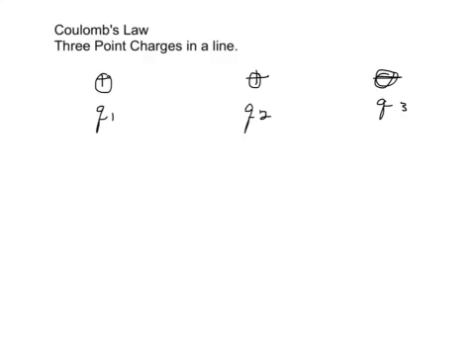So now each point charge has a force on it due to 2 other point charges. So if we're going to look at the force on Q1, there would actually be 2 forces acting on it. There would be a repulsive force from Q2. I'll draw a vector, and that would be labeled F of 2 on 1.